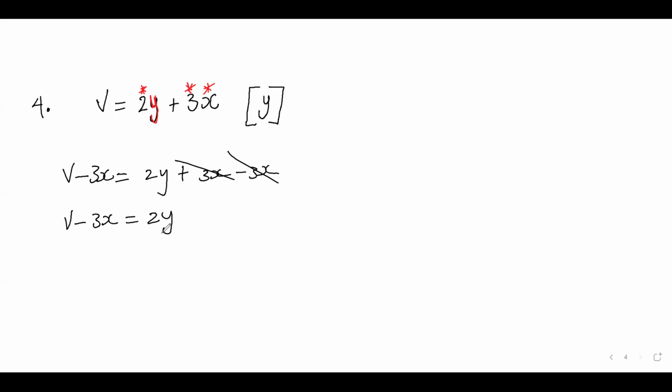What do you do from here? After line 3, what do you do? After line 3, you start to divide. You divide by what?